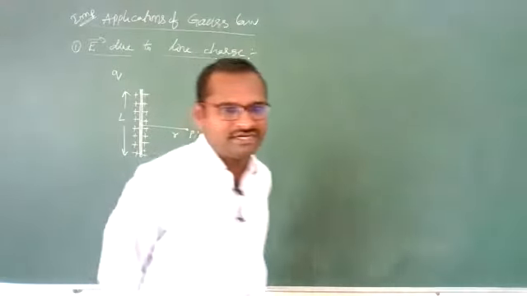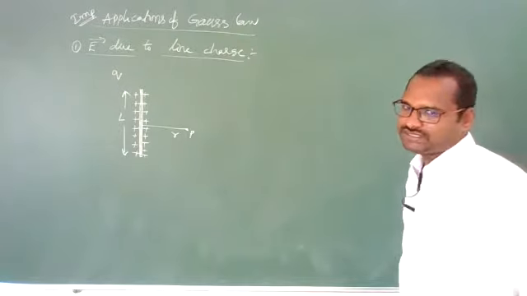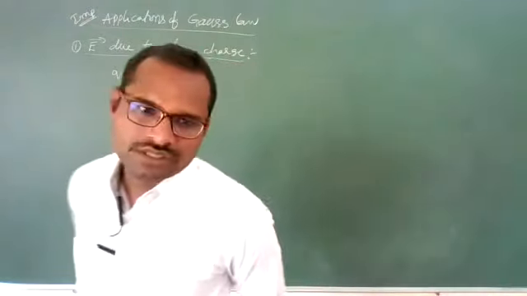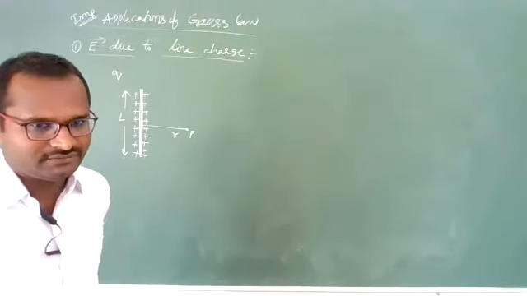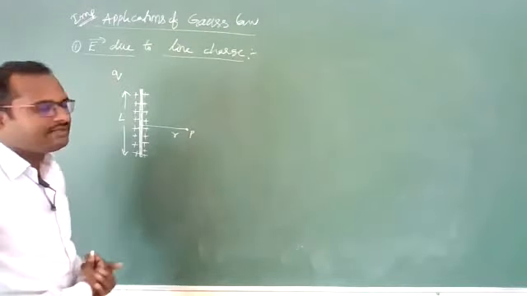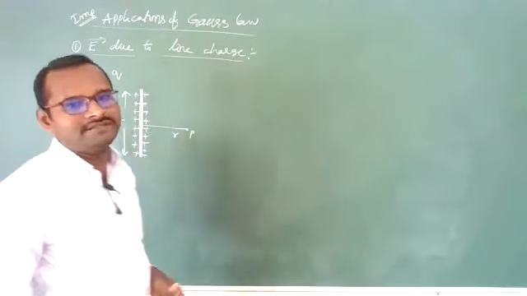What will be the electric field at point P due to this line charge? This we need to find. So how to find, sir? You can use Coulomb's law or principle of superposition of electric fields due to charges. Anything you can use, but better if you use Gauss law, then you will get the solution in a very simple manner.